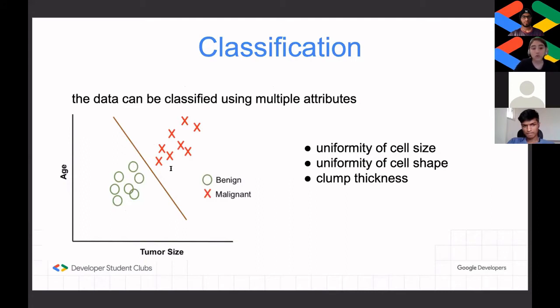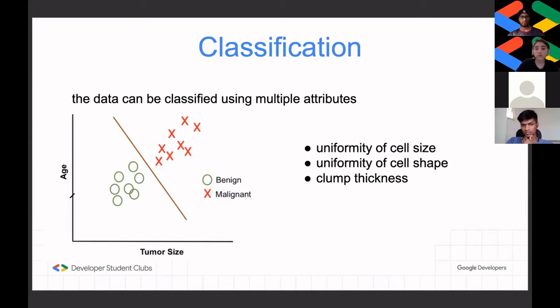If we have something on this side that we need to classify, then an algorithm can predict that that's probably, thankfully, going to be benign. And unfortunately, if something's on this side, then it's probably going to be malignant.